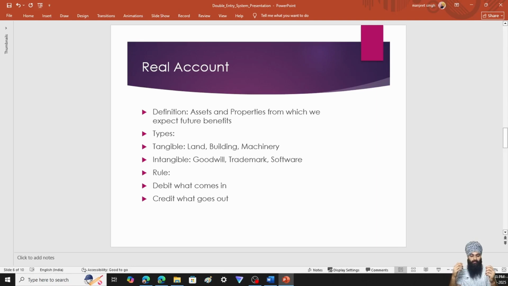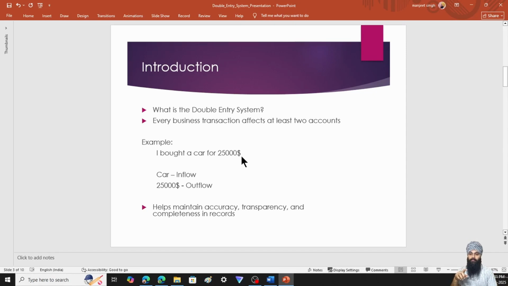Let's go back to the first example that we discussed, that I bought a car for $25,000. We debited the car and credited the outflow. Both are real accounts: the car is a property, and cash or bank also comes under a real account, right? Debit what comes in.